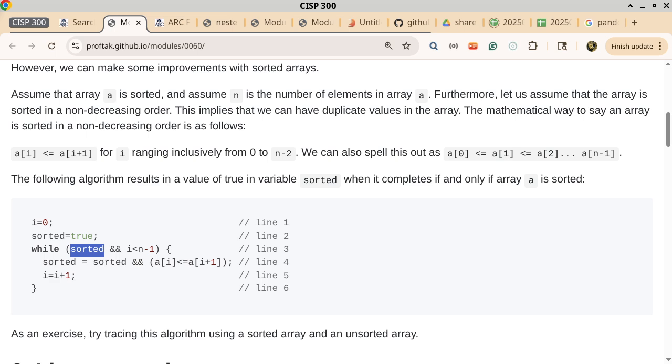We plug in sorted being true here, and under normal circumstances, sorted and blah blah blah, and sorted is already true to begin with. So the only thing that can make sorted become false is going to be the right-hand side on line 4.